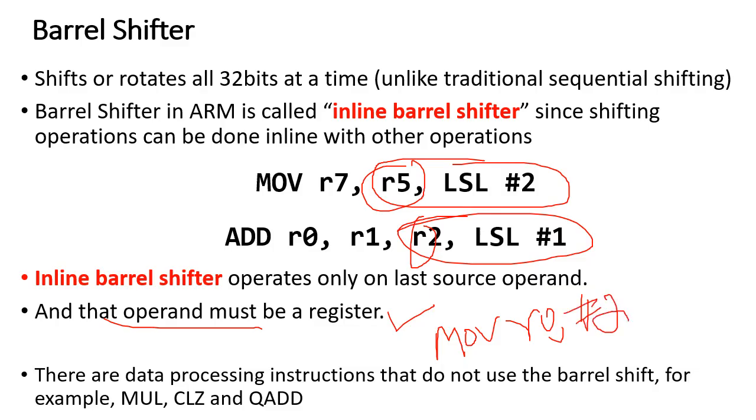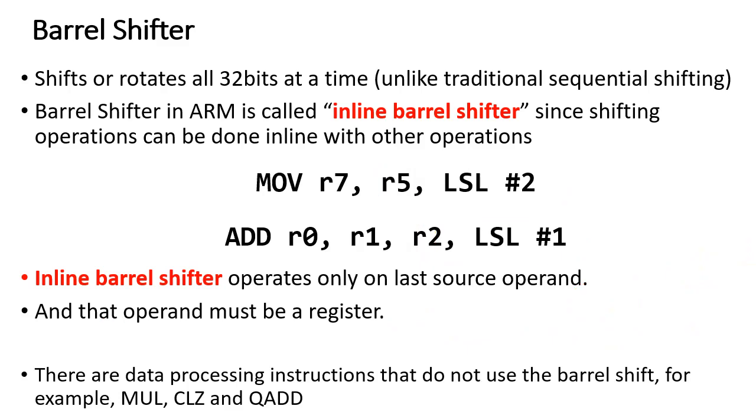That means if there is a move instruction like MOV R0, #20, I am trying to move the decimal value 20 to R0. Now I cannot make any left shift operation or any other barrel shifter operation here. Why? Because the barrel shifter operation cannot consider the last operand if it is not a register.